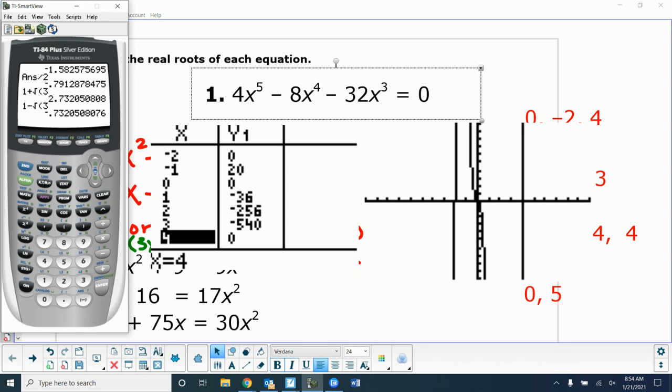And there were 5 of them there. -1, 0, 1. 2 plus the square root of 5 and 2 minus the square root of 5. 2 plus the square root of 5 is 4.2. And 2 minus the square root of 5 is -0.2. All right, if you did it using the calculator.